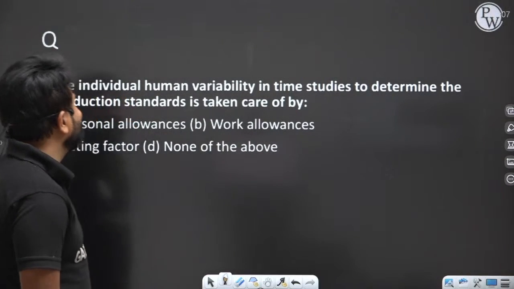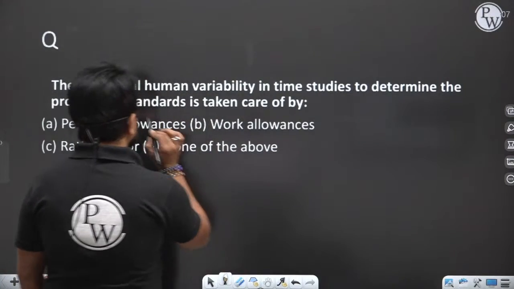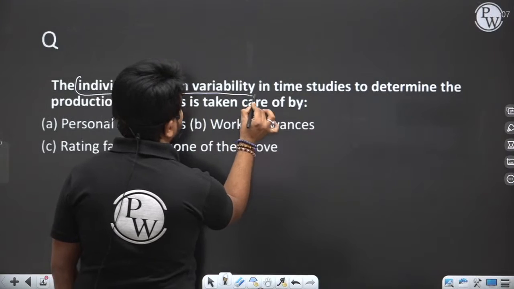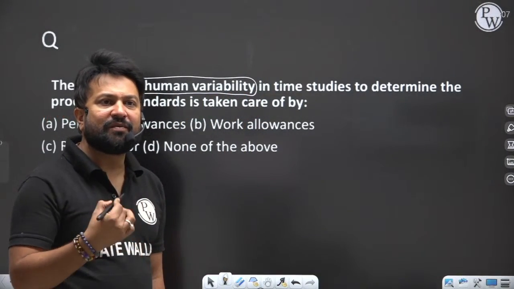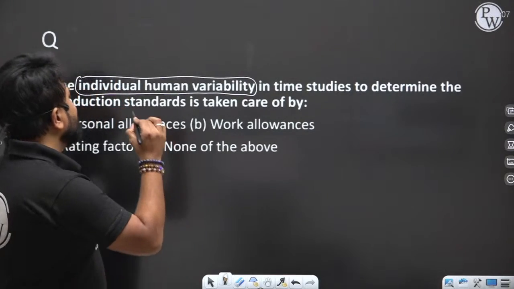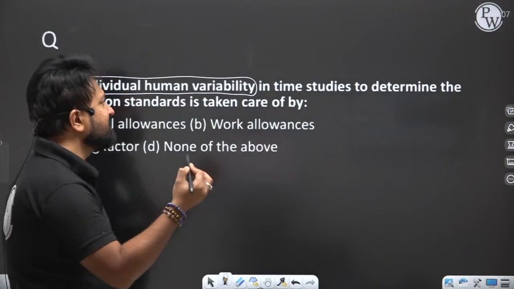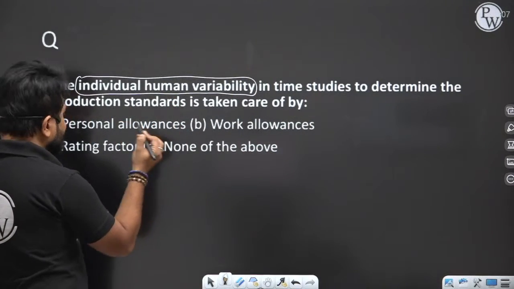My dear, the individual human variability, please listen to this very carefully. Individual human variability means the working ability of man to man changes. In time study, the production standard is taken care of by what?